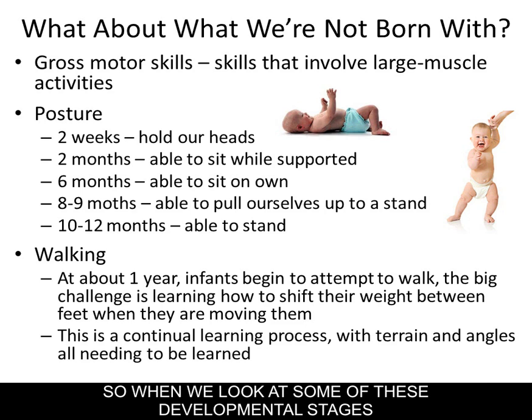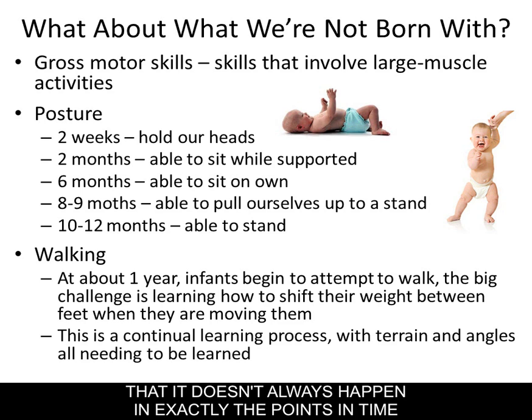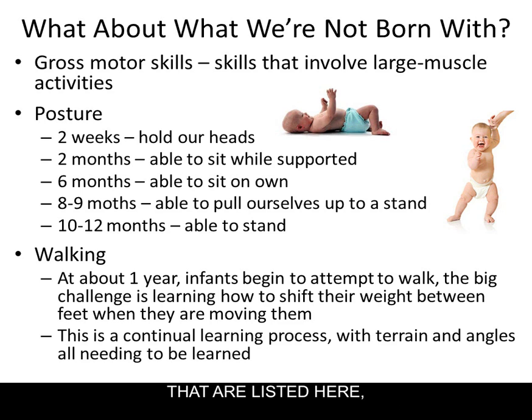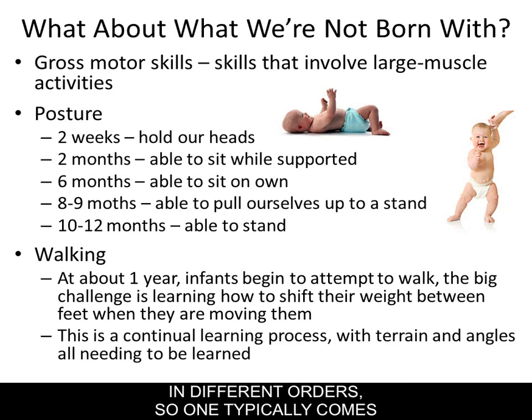So when we look at some of these developmental stages in the next couple slides, I want you to appreciate that it doesn't always happen at exactly the points in time that are listed here, but it happens fairly close to these times, and very rarely does an infant, and later on a child, develop gross motor skills in different orders. So one typically comes before the other.